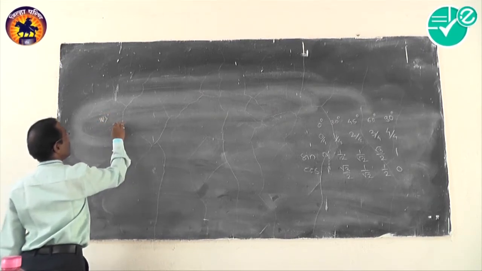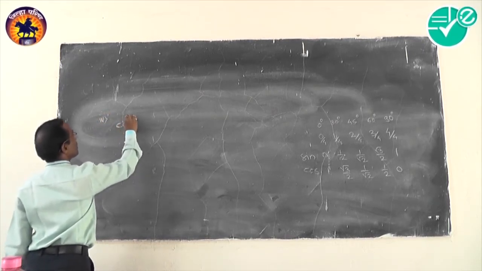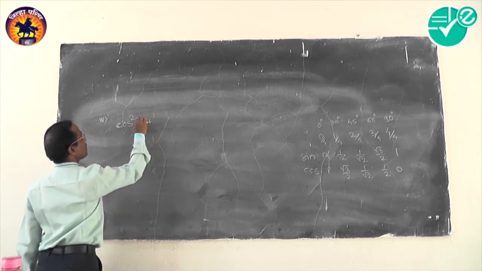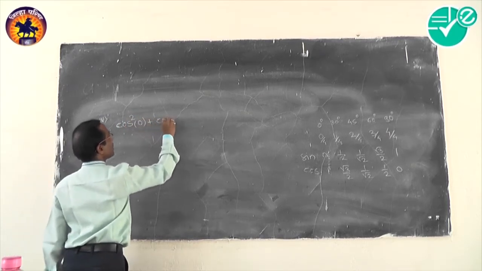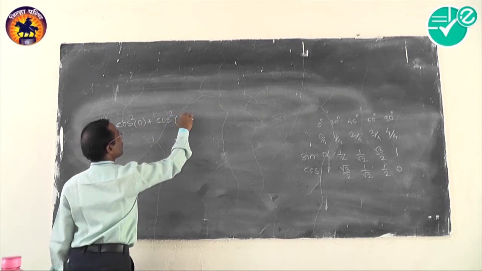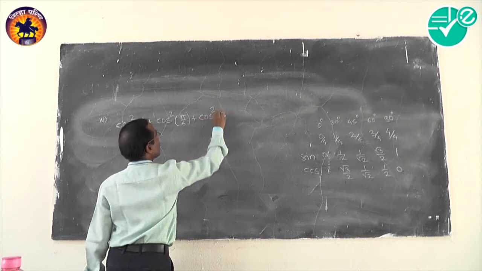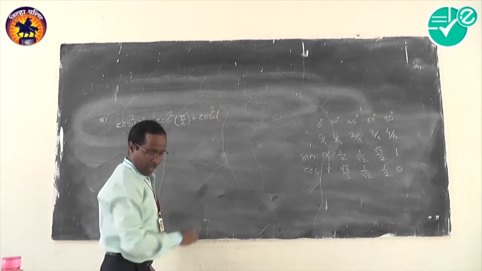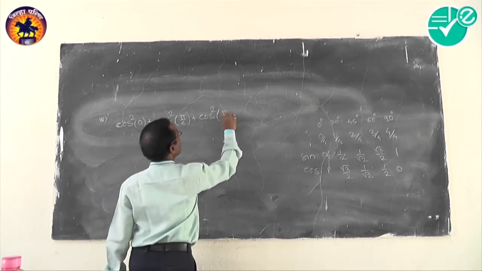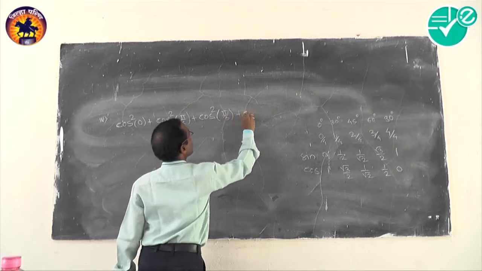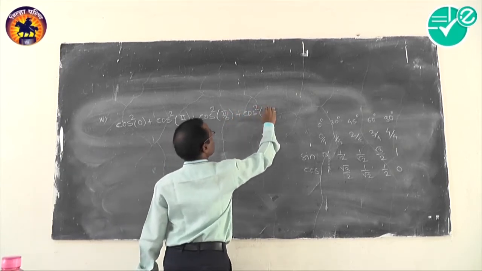Example number 4: cos square 0 plus cos square pi by 6 plus cos square pi by 3 plus cos square pi by 2.